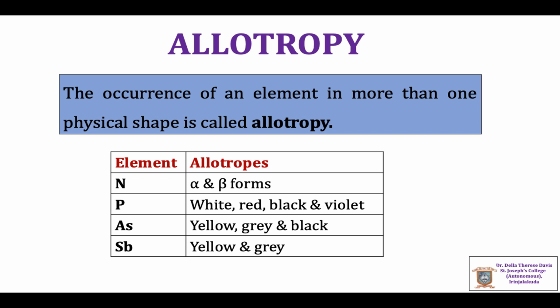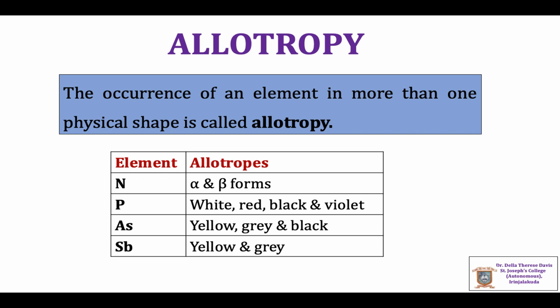The occurrence of an element in more than one physical form is called allotropy. The diverse physical forms of the same element are called allotropes. They have different physical properties but similar chemical properties. The elements of group 15 show allotropy.